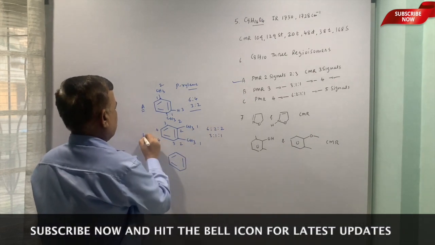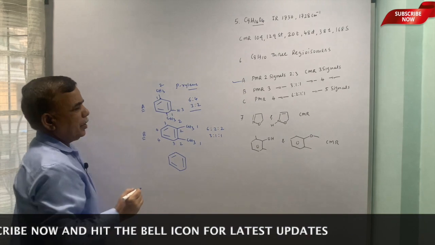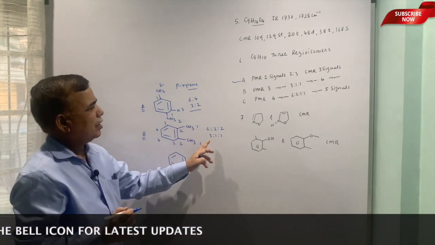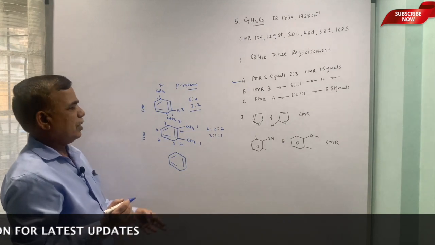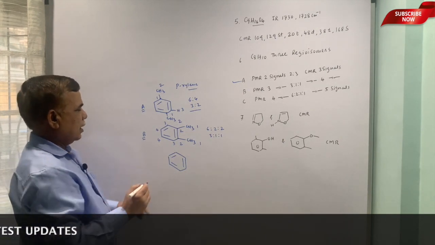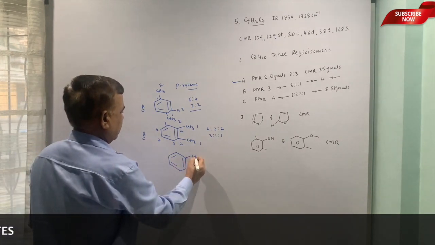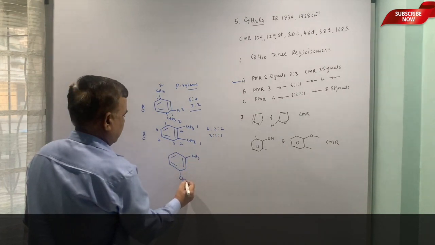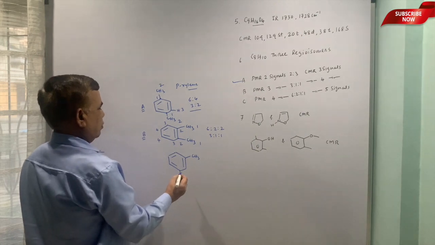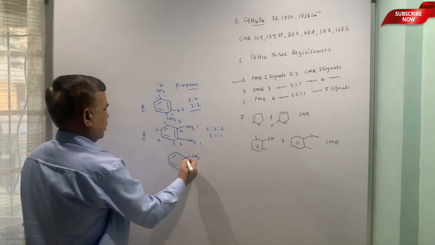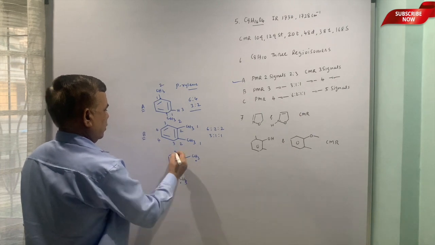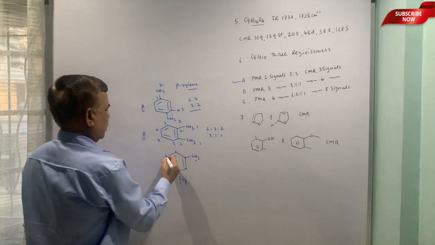So, this looks like B. The PMR ratio is 6:2:2 or 3:1:1. The ratio will remain same, and then last one has to be meta. So, 1 carbon, second, third, fourth, and this is fifth.